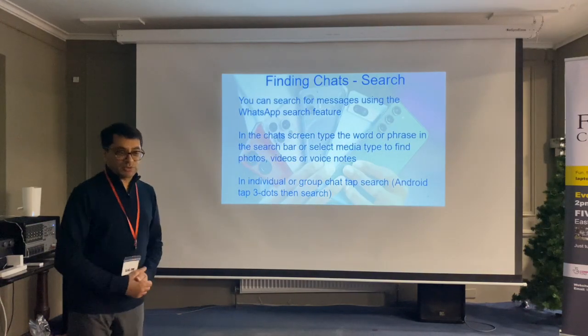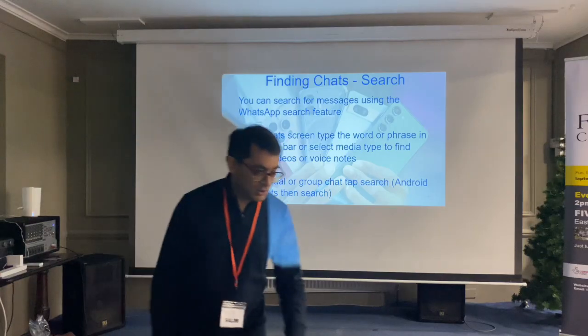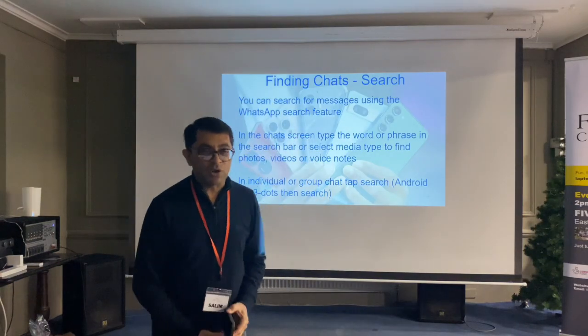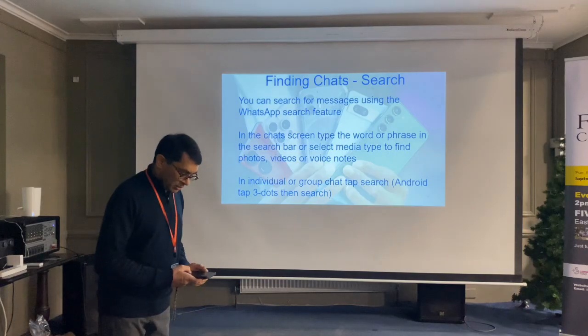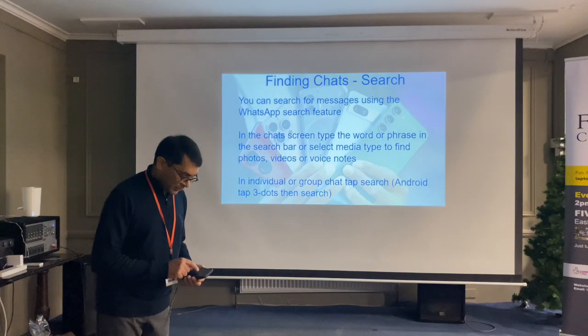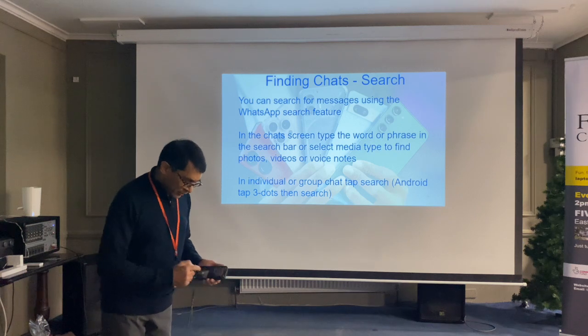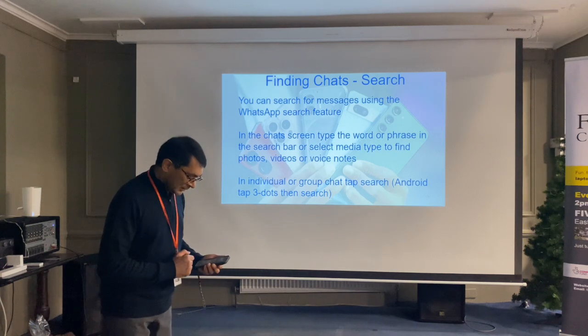Right, search. We're going to spend a little bit of time now searching for things. So if you go back into either a group or a chat that you've already got. So again, I'm going to go into our 5 Bells group, the social group. When you go in, there's lots of pictures that have come along from everyone, so thank you for those. So there's some nice pictures there.